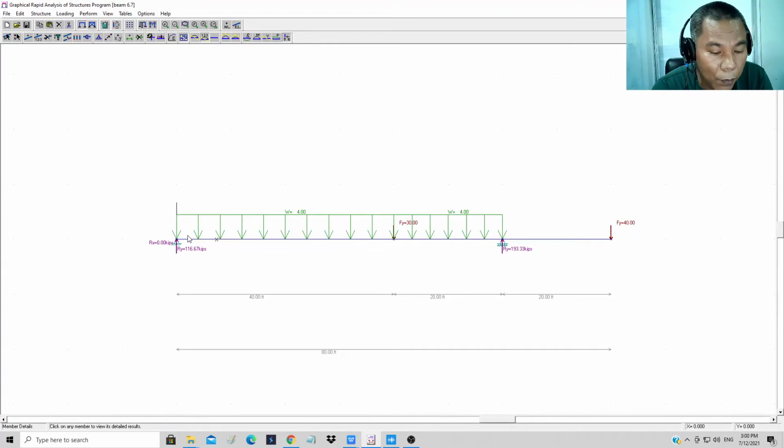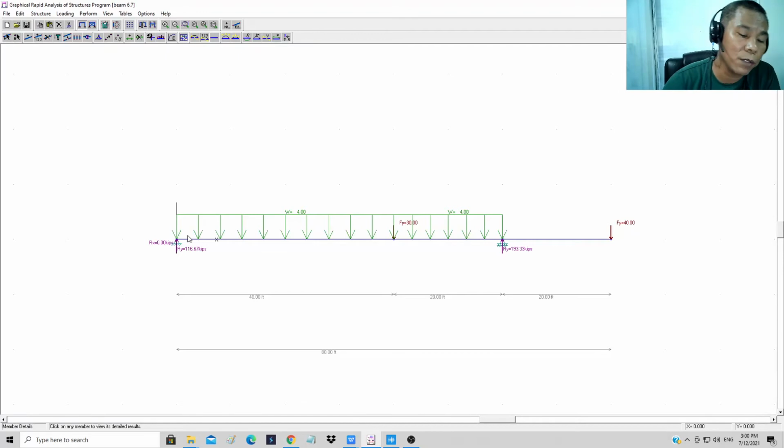If you use that to directly compute the moment using an equation, we can say that is 29.1666 times 29.1666 divided by 2.